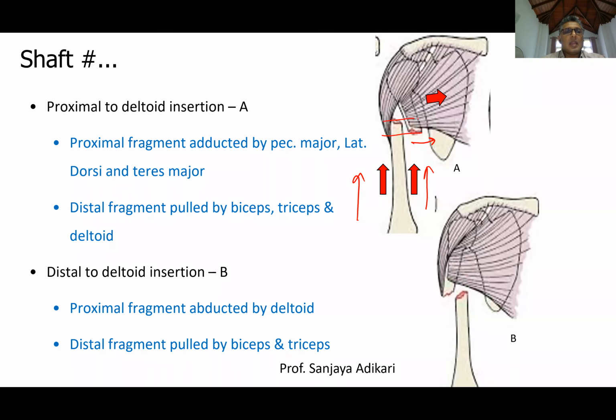Then, if the fracture line is distal to the deltoid insertion, as in this case, even though the pec major pulls that way, now the deltoid will pull in that direction. Ultimately, there is abduction of the shoulder joint, abduction of the proximal fragment.